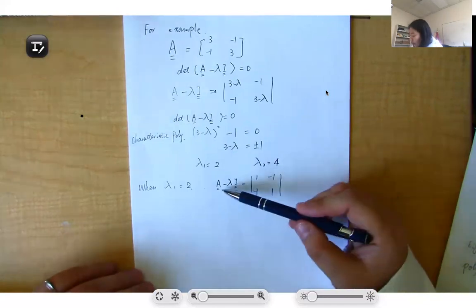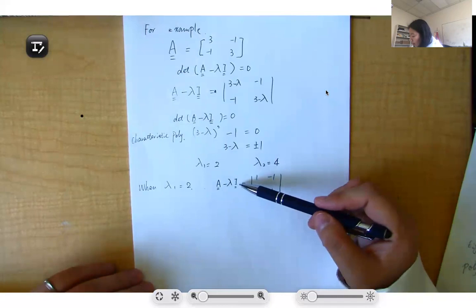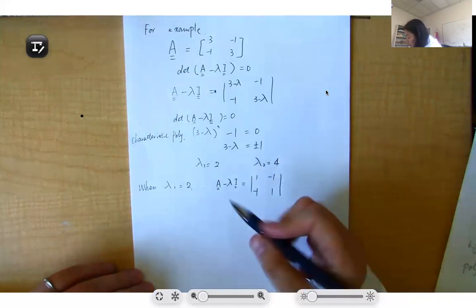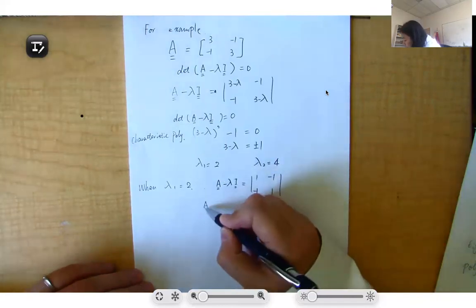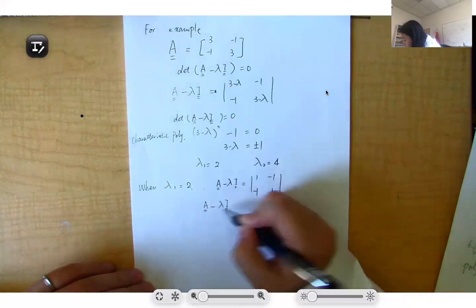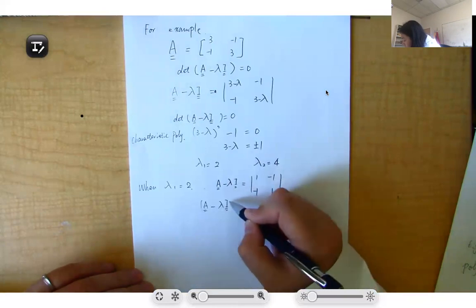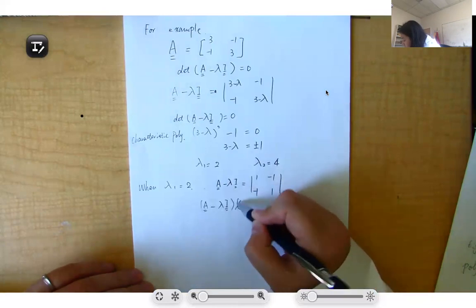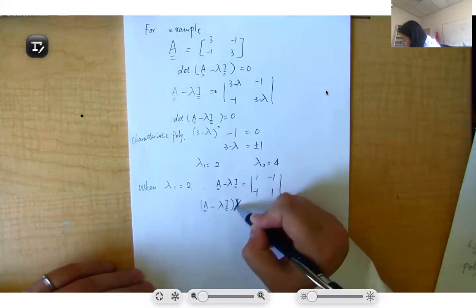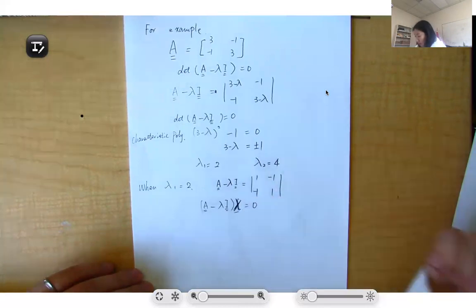So you know that A minus lambda I times x will be equal to 0.